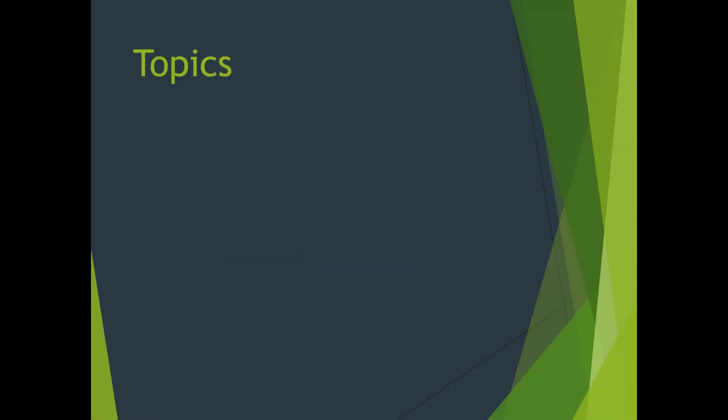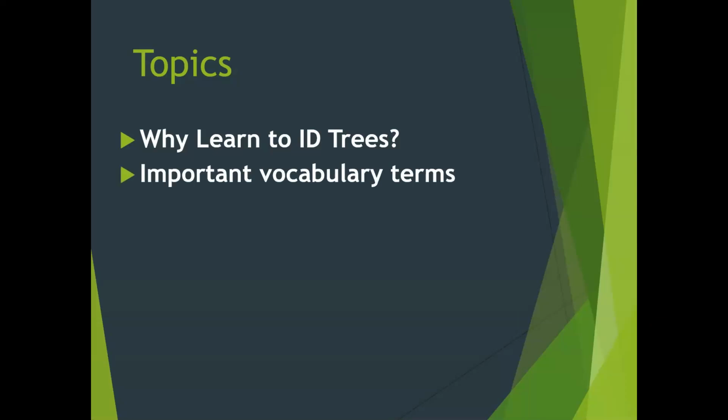I'm just going to do a quick overview of our topics today. Why would you want to learn tree ID is our first question. As we go through the presentation, we're going to cover some important vocabulary terms, and we're going to focus a lot on tree identification.